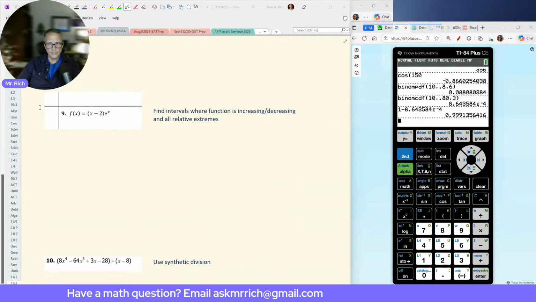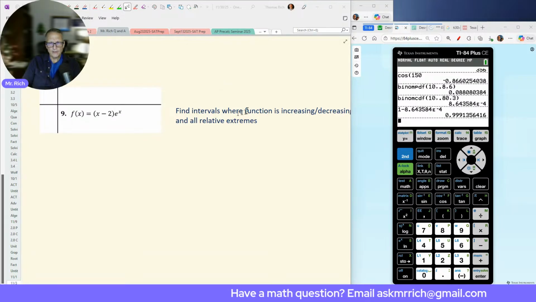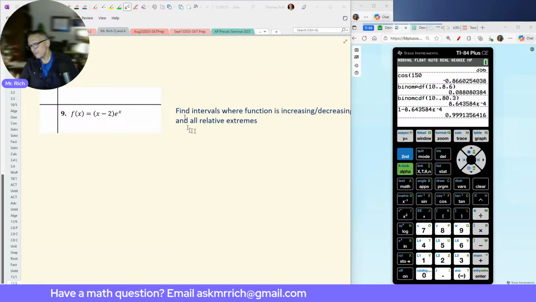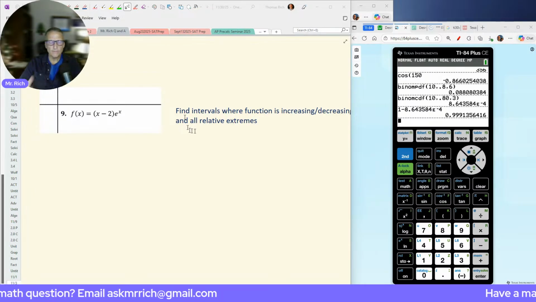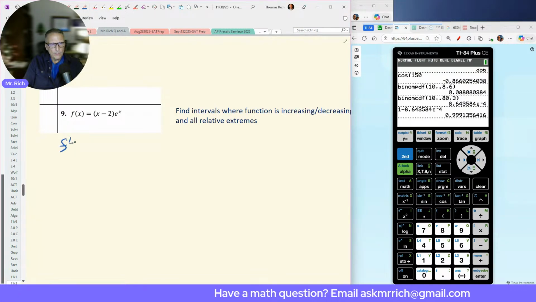So this is a calculus problem here from unit 5, I believe. It says find the intervals where the function is increasing or decreasing, and find all relative extremes. So what we have to do is take the first derivative of this function. And to do that, we're going to have to use the product rule.